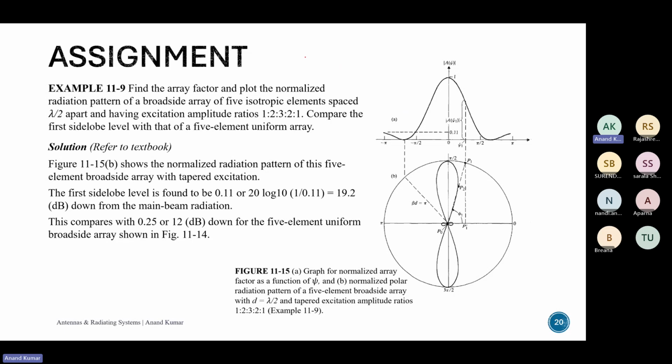For example, if you had 5 elements, 1, 2, 3, 4, and then 5, and the magnitude of the current being sent is in this ratio: 1, 2, 3, 2, 1.